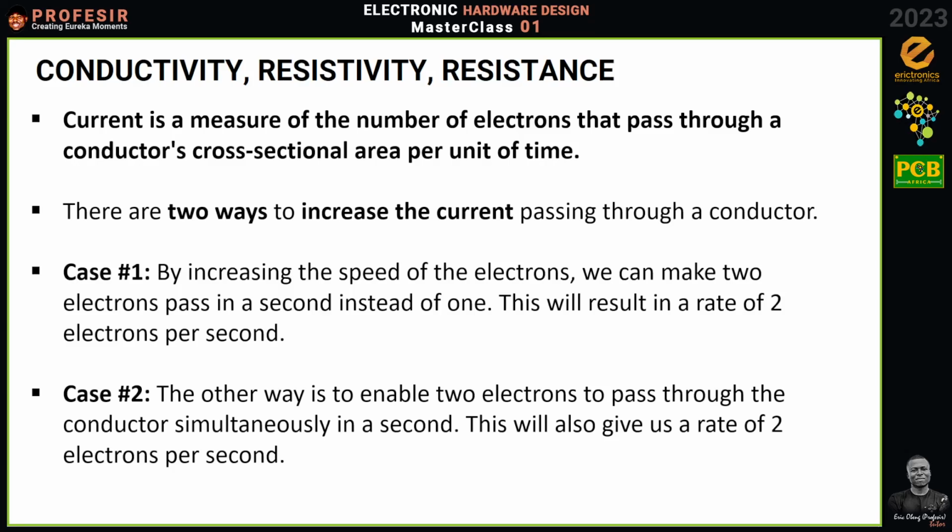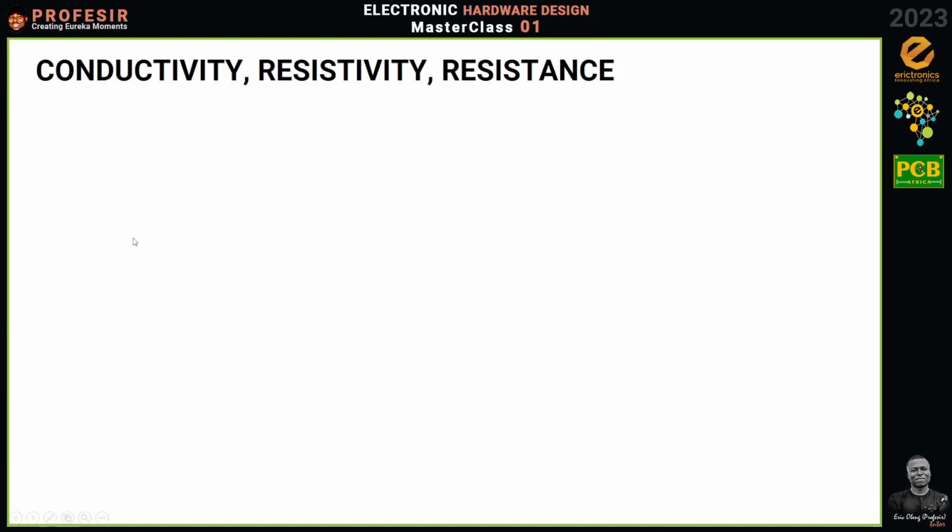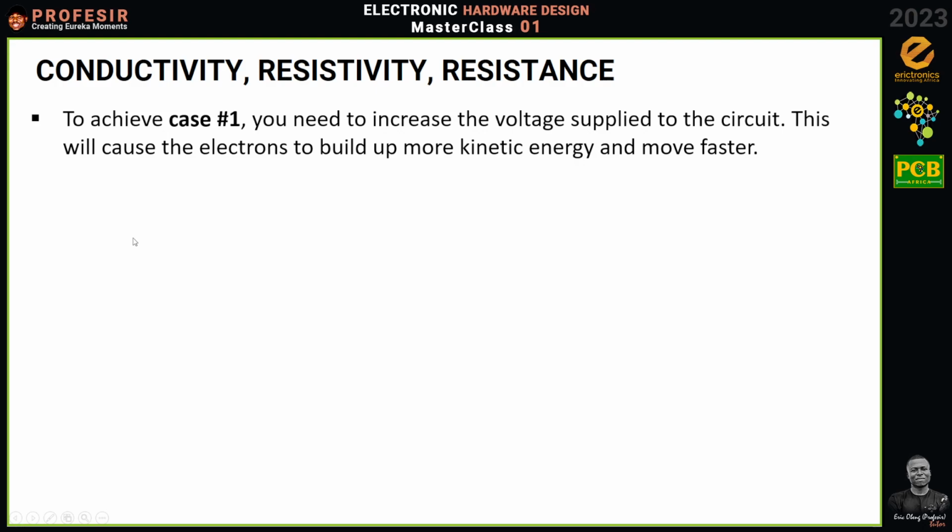Okay, so now the question is, how do we achieve these things? For the first case, we can do that by increasing voltage. Like I said, in the analogy of using human beings, if we make them run faster, then we can achieve 2 people passing per second, right? And by running faster, it means we have to increase their energy.